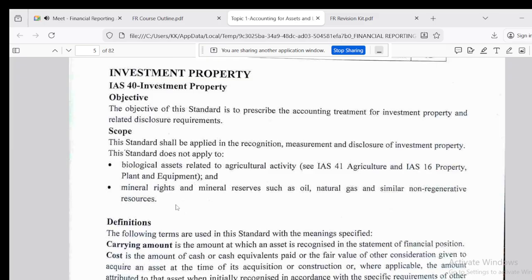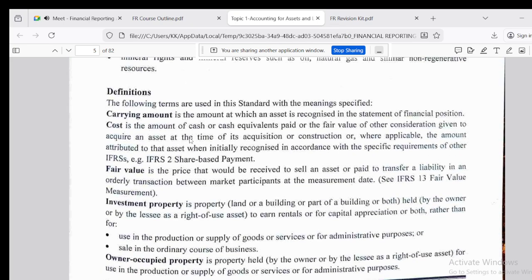Like there are things that when we hear them, the standard of IAS 40 does not apply to them. You have gotten that, right?